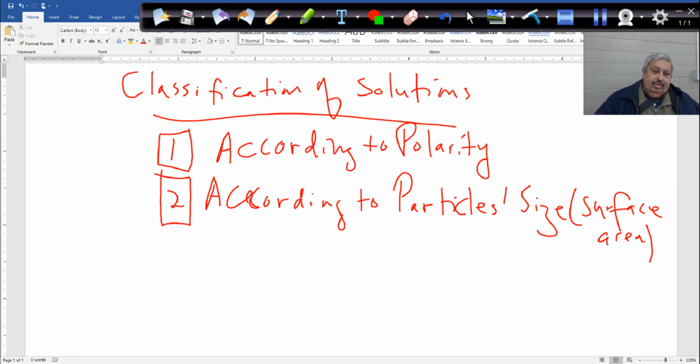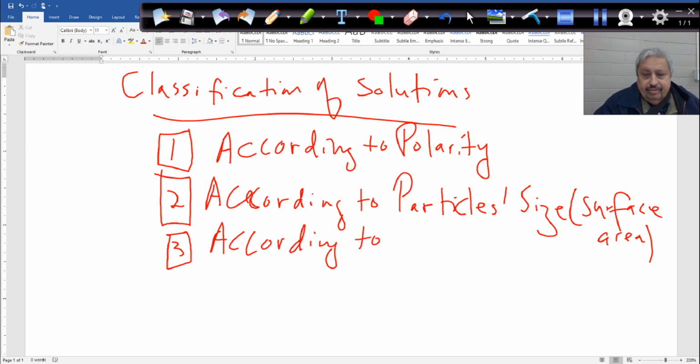So number three, we look at their maximum solubility, according to the maximum solubility.